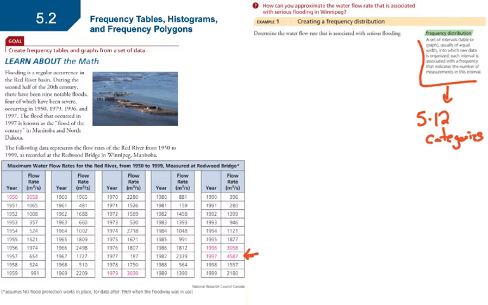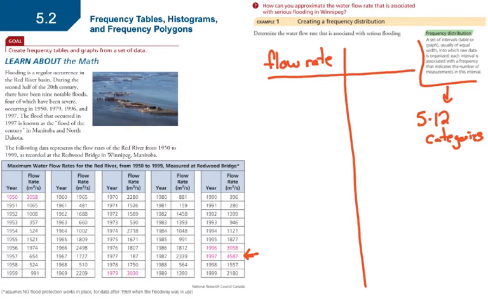So when I make my table, I need two columns. The first one will be the data that we're looking at. So we'll look at flow rate in the first column. And the second column is always the frequency. And the frequency is just how many times that flow rate shows up in that category.